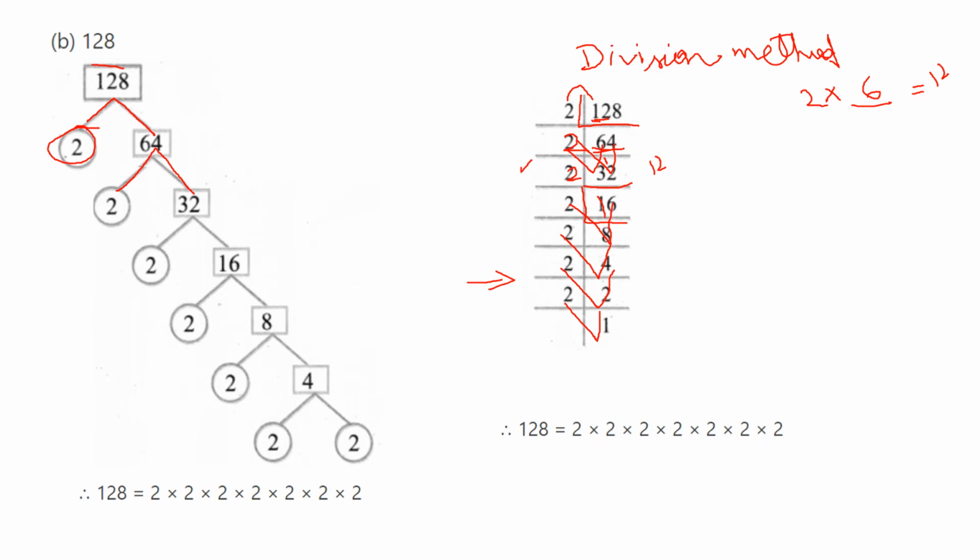Next 2 into 16. 2 8s are 16. 2 4s are 8. 2 2s are 4. Both methods give the same factors. So 128 equals 2 into 2 into 2 into 2 into 2 into 2 into 2, 7 times 2.